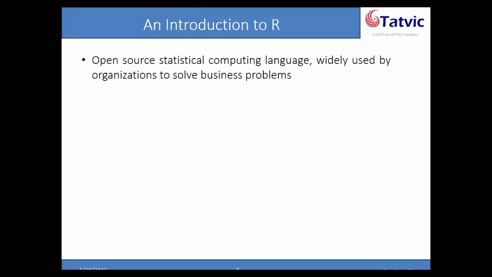R has gotten a huge interest lately within the analytics community. To begin with, R started as a statistical computing language and now it has branched out to many different applications. R is being widely used by a lot of organizations in a variety of verticals, be it internet companies, e-commerce, be it pharmaceutical companies.